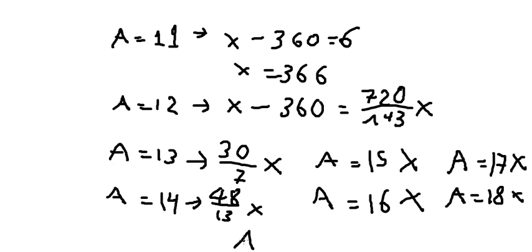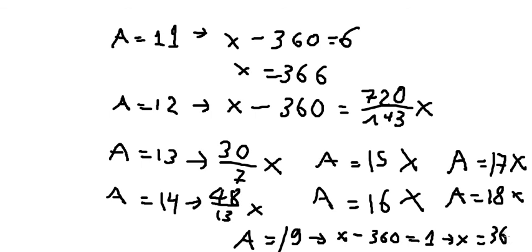If a equals 19, you get 360. So you get x minus 360 equals 1. So you get x equal to 361. This is a half of 720.